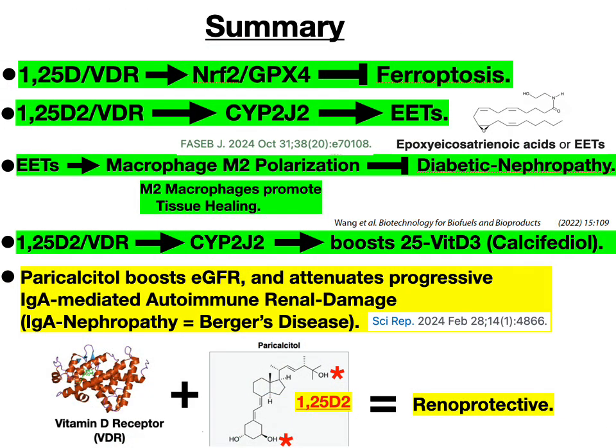So summarizing this YouTube as well as the first 2 YouTubes in this series, stimulation of vitamin D receptors provide 2 major axes that provide anti-inflammatory, antioxidant benefit to organs and tissues. 125 vitamin D, it could be calcitriol or paracalcitol, stimulating a vitamin D receptor, VDR, upregulates the master anti-inflammatory antioxidant transcription factor, NRF2.